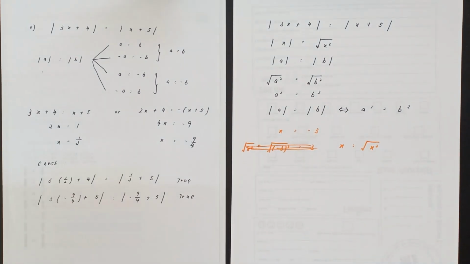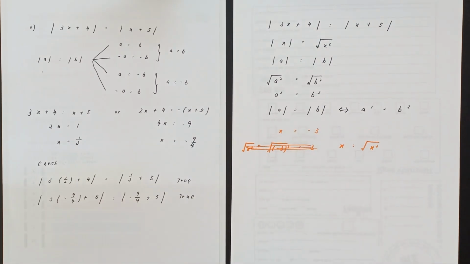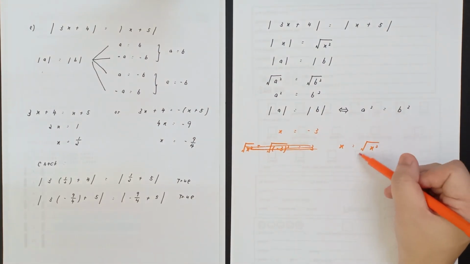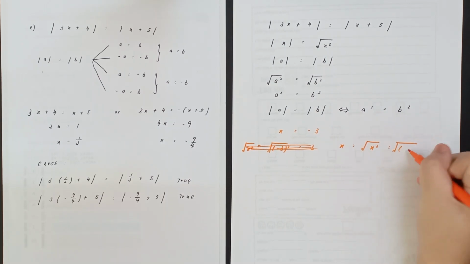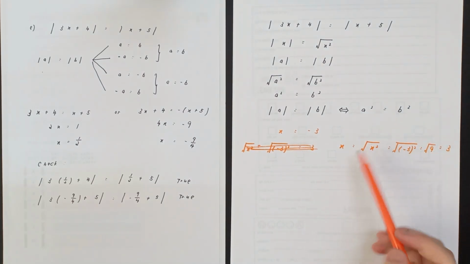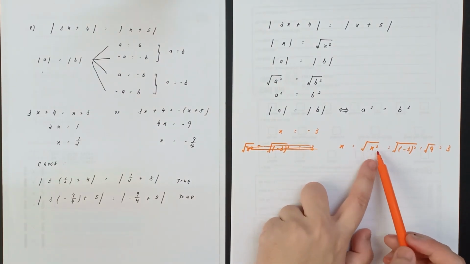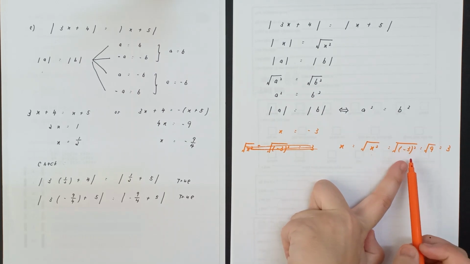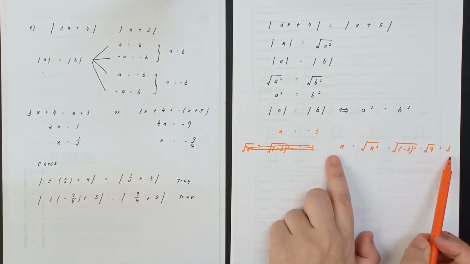You cannot do that if this is not in a modulus, because after you put it inside, you eliminate the idea that it's going to be a negative number, because this is how you get 9 and square root equals 3. X will be equal to square root of x squared. So I substitute my x, which is negative 3 here, but when I solve, I get x equals 3.